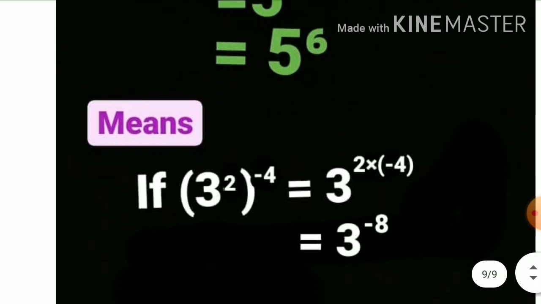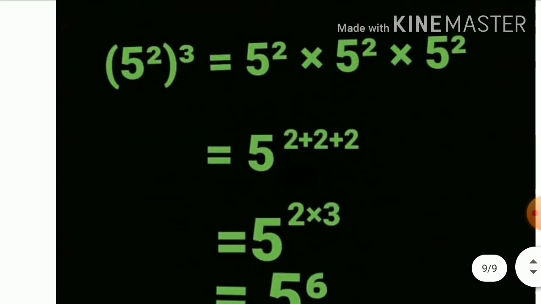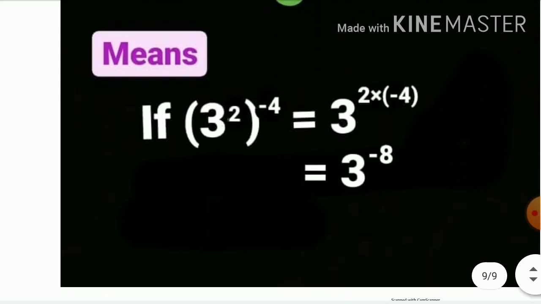Okay. Now see one more example I'm showing you. If (3^2)^(-4), then what happens? Equals 3^2. What I have just told you, you just have to show the multiplication of the indices. You don't need to show the in-between steps. So this is the next law.